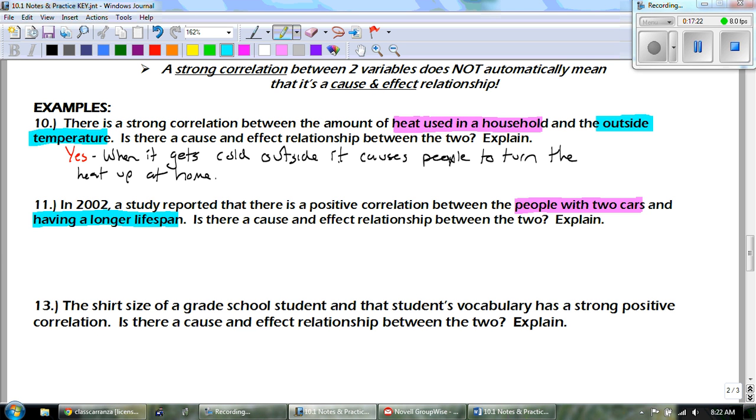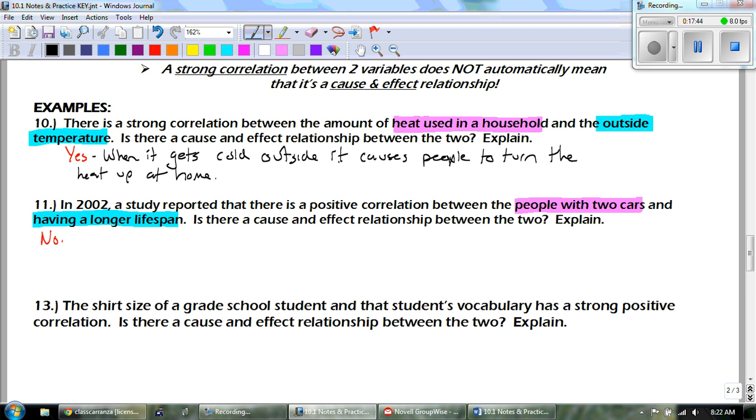So just because I have two cars means I'm going to live longer? What do you think? Yeah, I'd say no. Having two cars doesn't automatically cause a person to live longer than someone who doesn't.